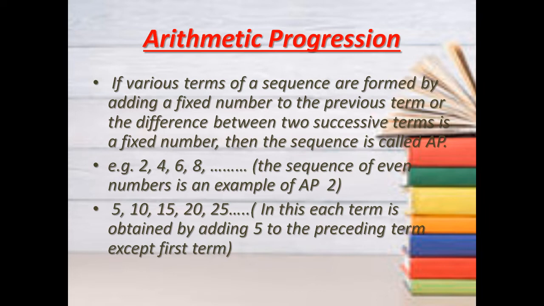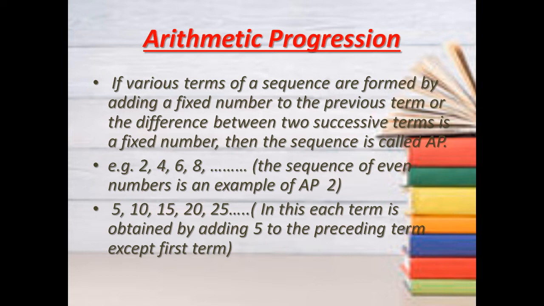In simple words, terms of a sequence are formed by adding a fixed number to the previous term. Then the difference between that term and the previous term will be a fixed number, and the sequence is called an AP. Let us take an example: 2, 4, 6, 8 and so on. This is a sequence.